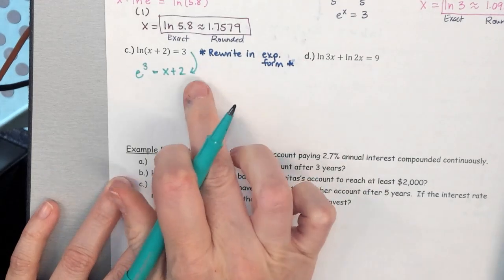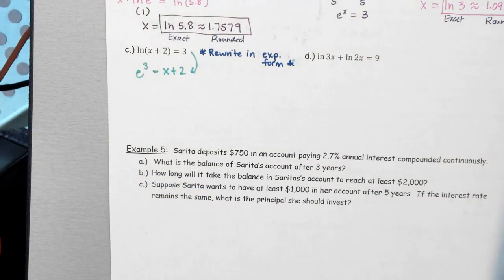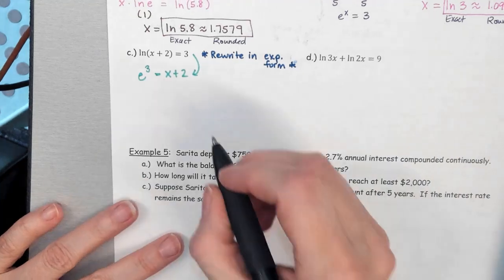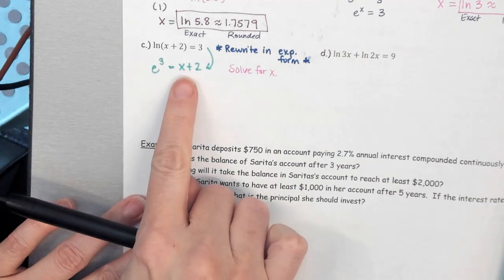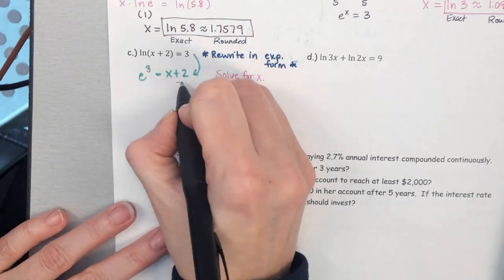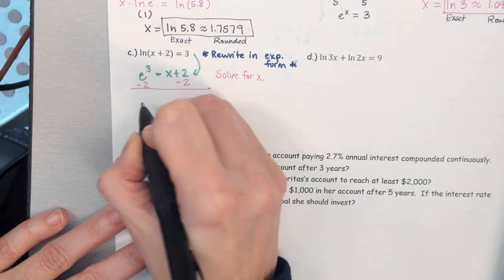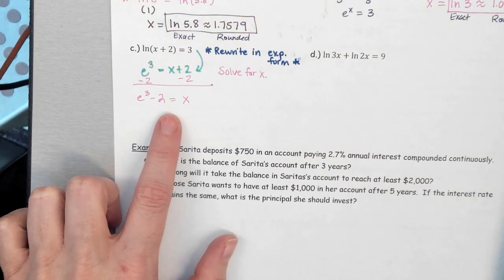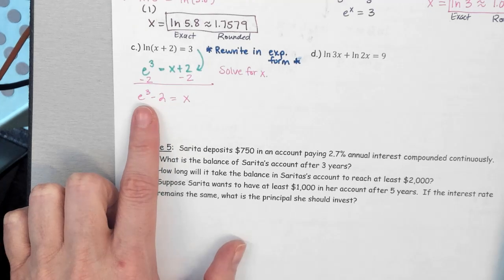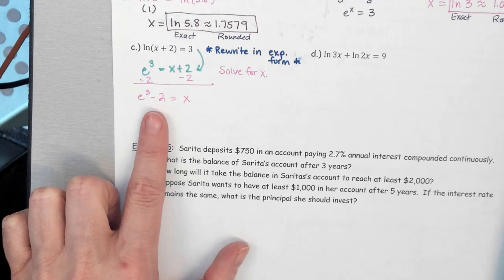So that's all we did here is we just rewrote that in exponential form. And then once you do that, you're just going to solve for x. So if I want to get x by itself, I'm just going to subtract 2 from both sides. And that is going to be your exact value, the e cubed minus 2.